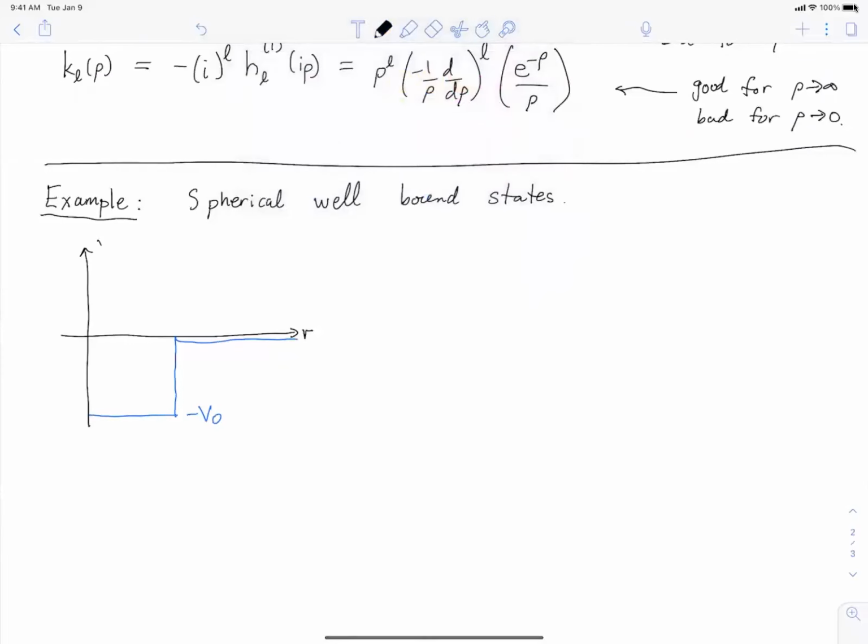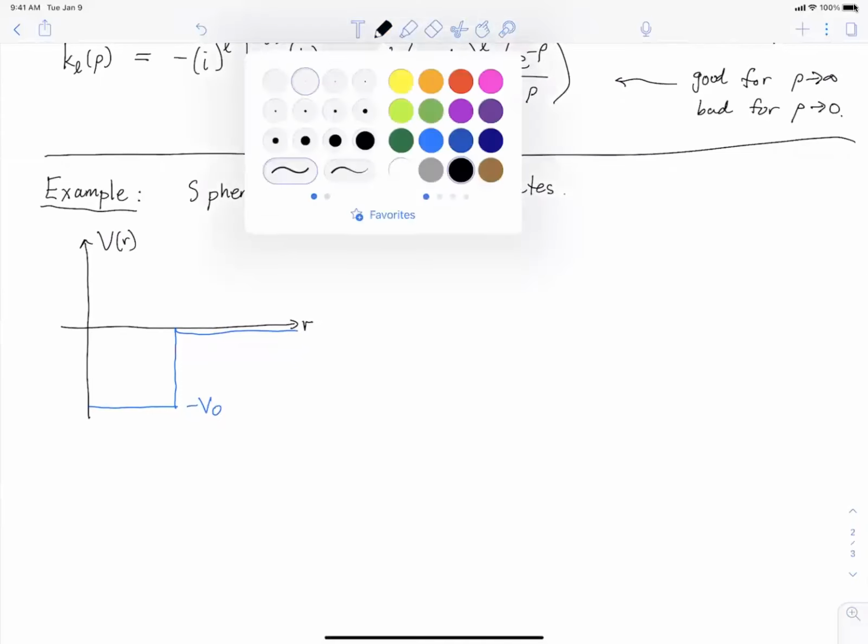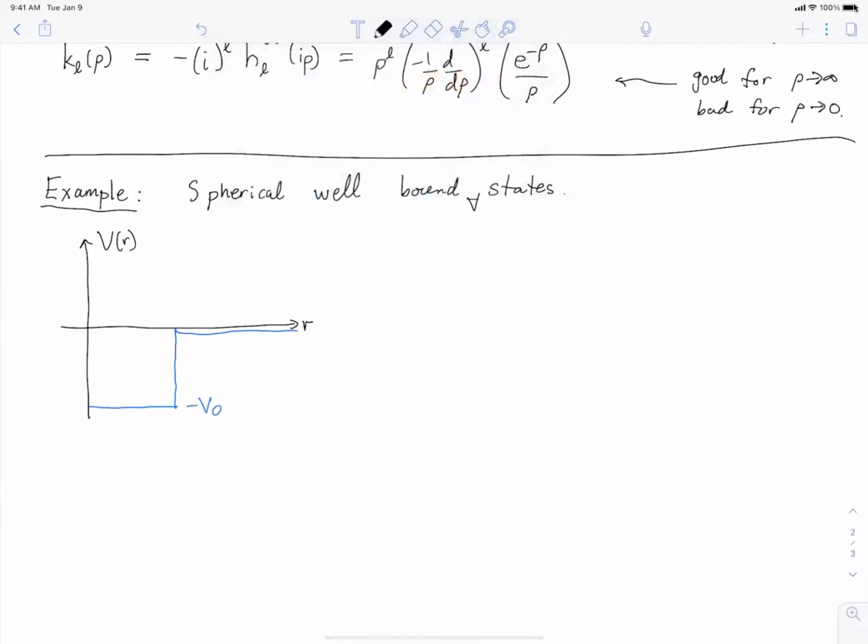So this is V of r. Okay, and bound states here means that the energy is less than the value at infinity, which in this case is 0. So energy less than 0 if V of infinity equals 0, which it is in this case.